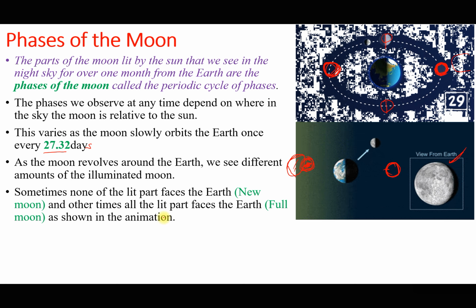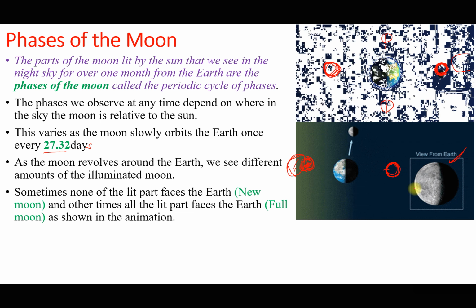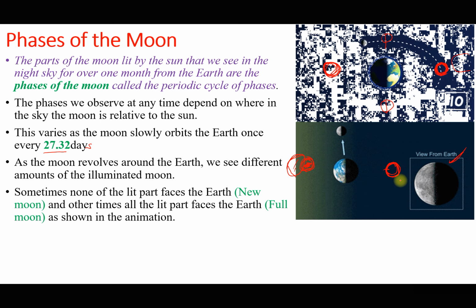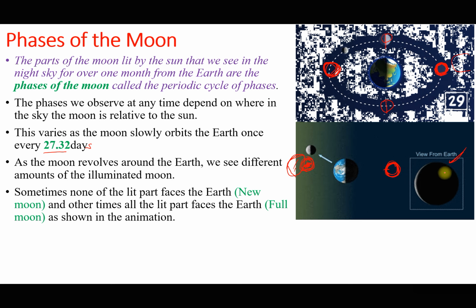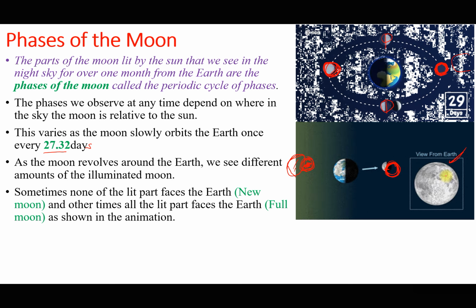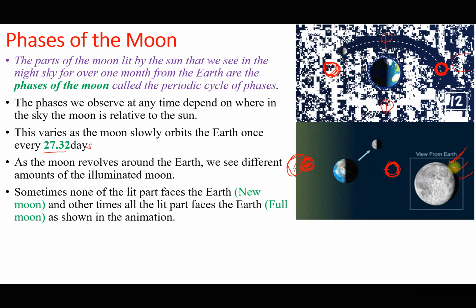And the other times, all the lit part faces the Earth. So this is this part here. When the part which is being lit is facing the Earth, we see a complete circle which is called a full moon. But then as days go by, the full moon starts decreasing.